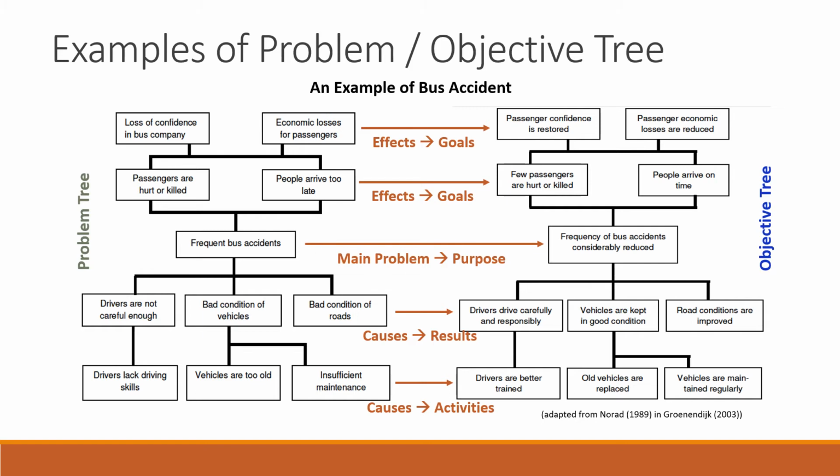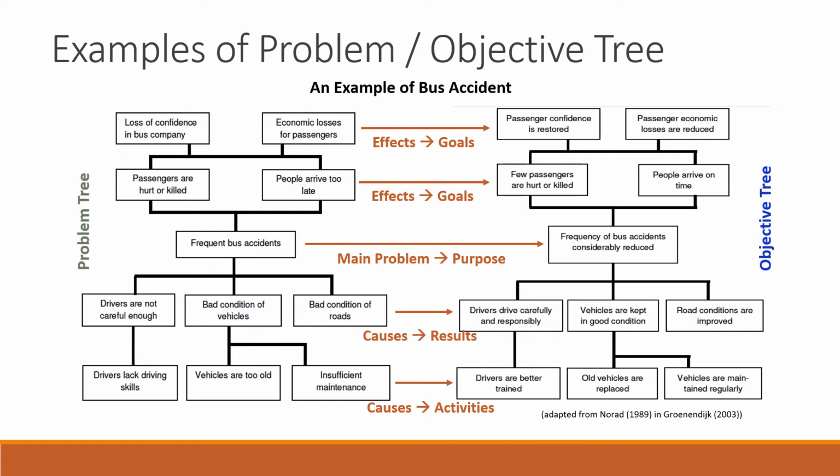So these 3 root causes, drivers are not careful enough, bad conditions of vehicles and bad condition of roads, produce frequent bus accidents. And what does that produce in consequences?